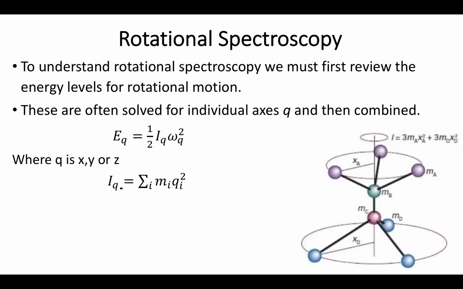So my moment of inertia for, say again, axis Q is going to be the sum over each of the atoms, the mass of each of these atoms, times the distance of the atom away from the axis. So if I have systems like atoms B and C who sit on the rotational axis, they don't count at all because I don't actually have to move them.